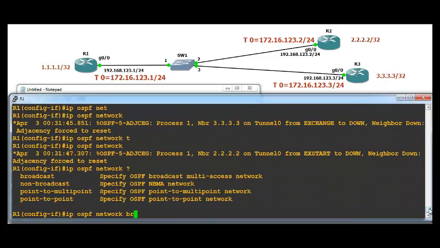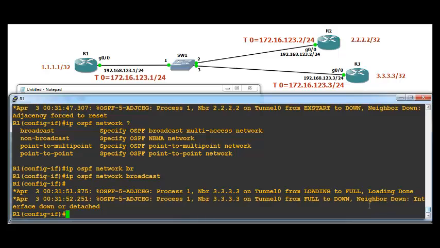Just say broadcast. That will solve the problem. So I just need to say this command: ip ospf network type broadcast.